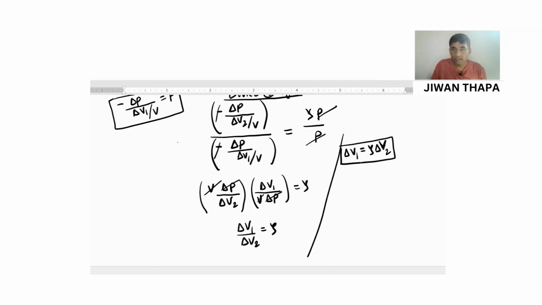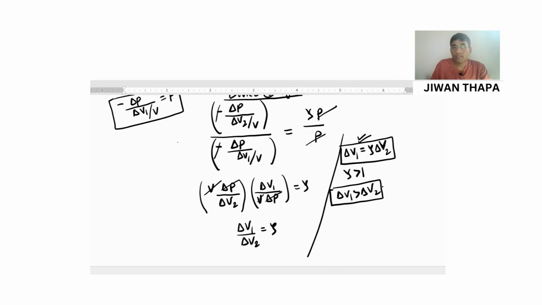And we know gamma is greater than 1. So from this equation, we can tell that delta V1 is greater than delta V2.